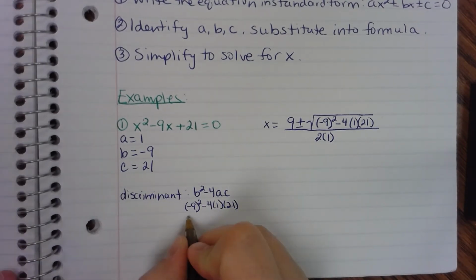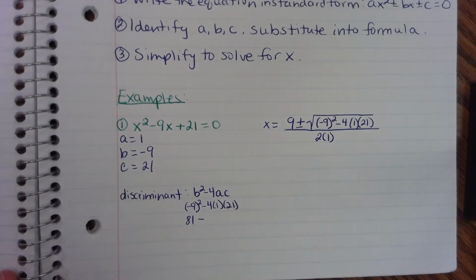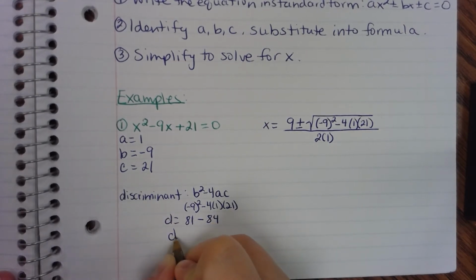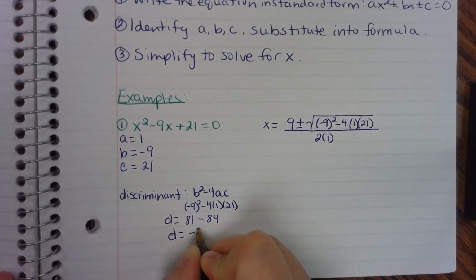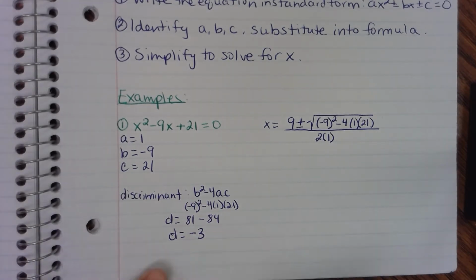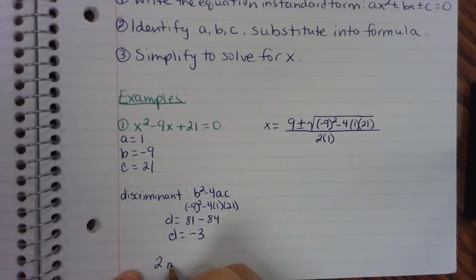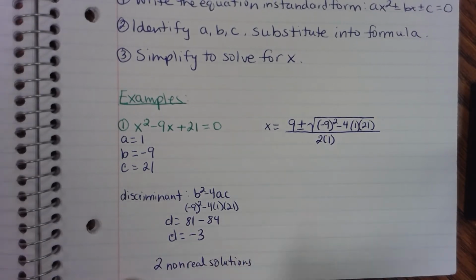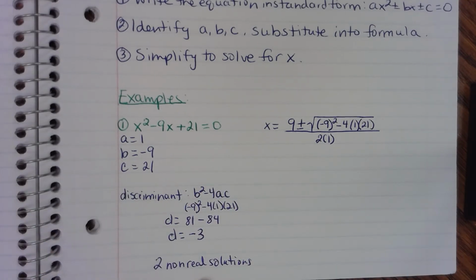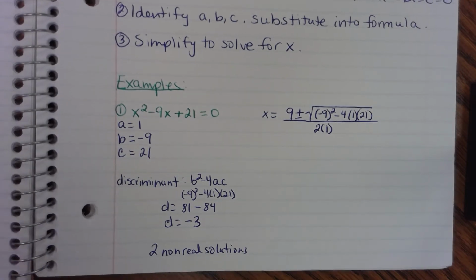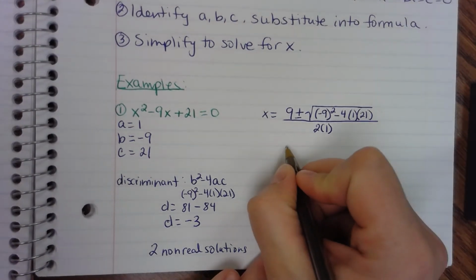So 9 squared is 81 minus 4 times 1 times 21, which is 84. And so D in this case is actually going to be negative 3, which tells me that I'm going to have 2 non-real solutions. So I still want to solve this, but I know that my answer is going to be 2 non-real solutions. So as we solve this, we do it step by step.